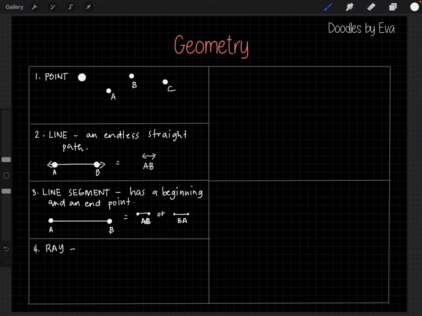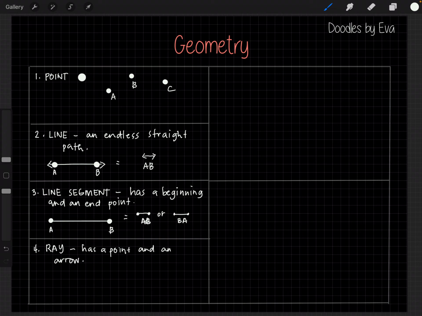Okay? And then the next one is the ray. Okay, ray. How do we describe a ray? A ray has a point and an arrow and it extends in one direction. So, it's like a hybrid of a line and a line segment. Okay, so let's first define a ray. A ray has a point and an arrow.